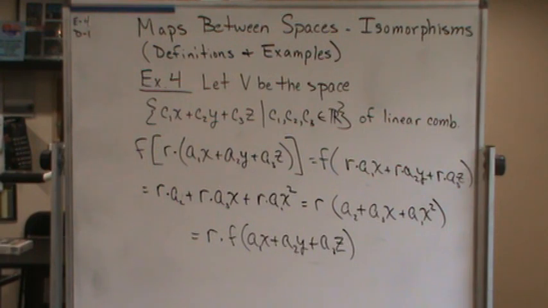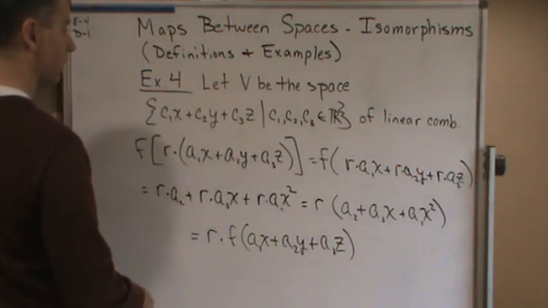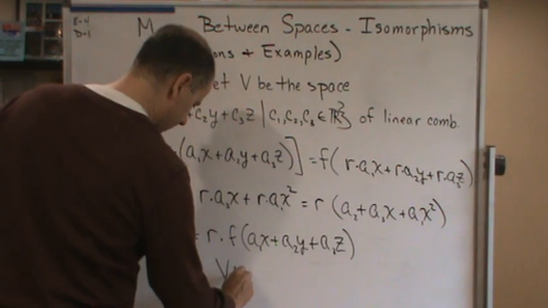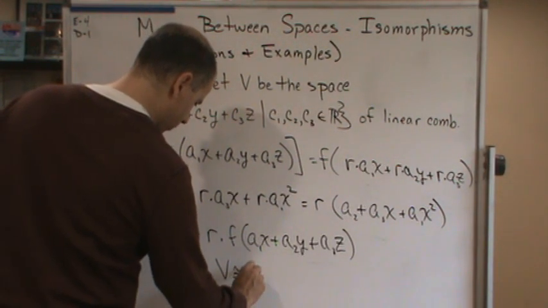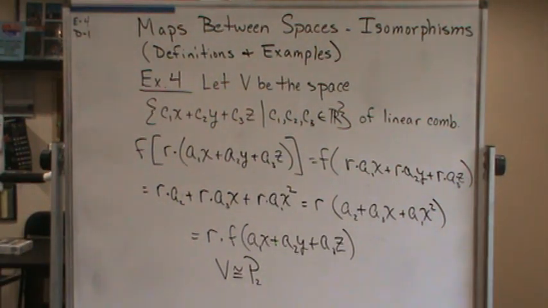And there we see that scalar multiplication is also preserved, and therefore f is an isomorphism, which means we can write, what was it? V is isomorphic to P2. And that's it.